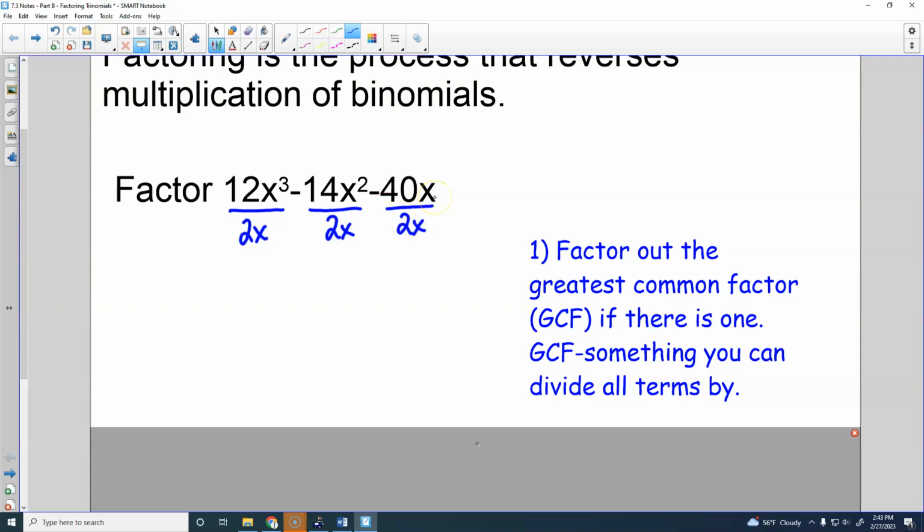And so you always want to check for GCF first. We're going to do a lot of problems that do not have GCFs, and you're going to start to forget to check for GCFs. But you always want to check for a GCF first. So if I factor out a GCF, I'm going to have 6x squared minus 7x minus 20.